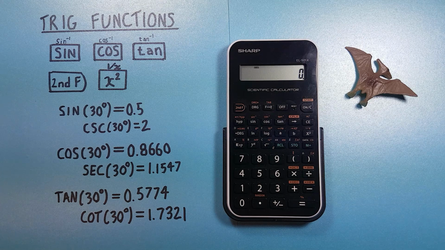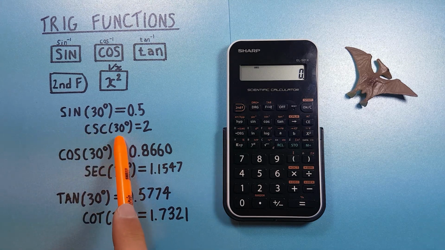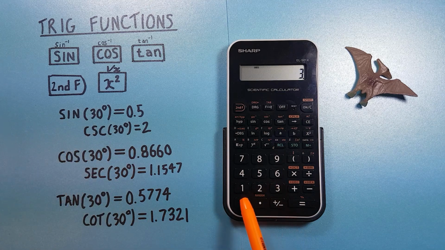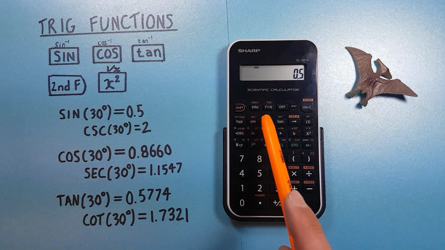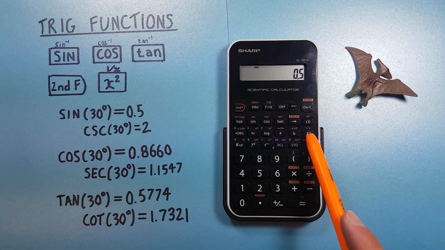All right, but what about cosecant, secant, and cotangent? Well, to get these, what we do is invert the result of the corresponding function. So for cosecant, if we want to find the cosecant of 30 degrees, we use sine. So we go 30 sine, get our 0.5, and then we use that second function of the x squared.